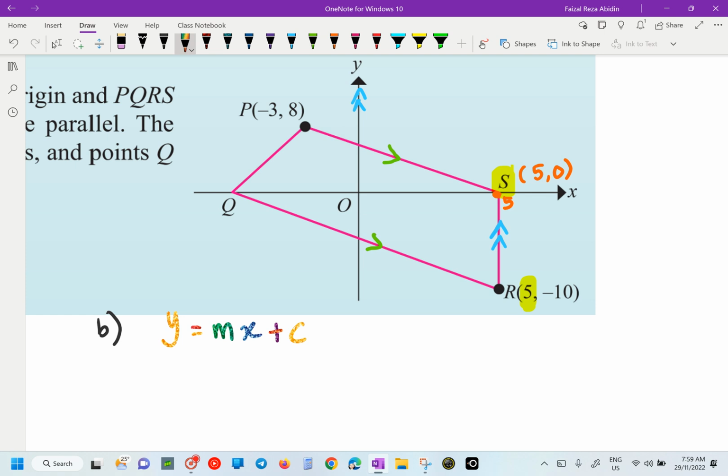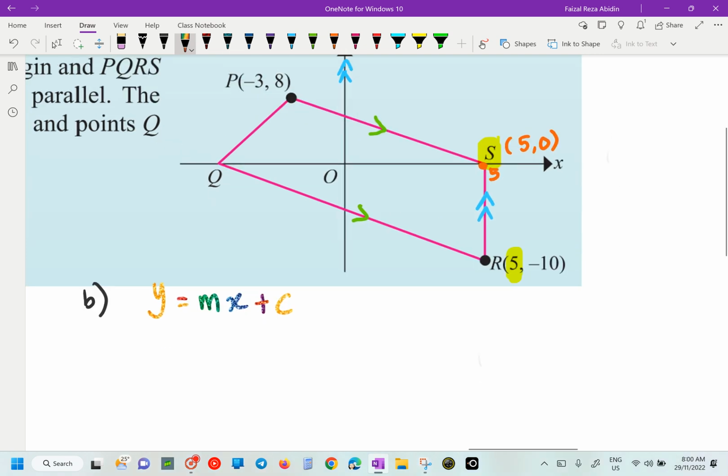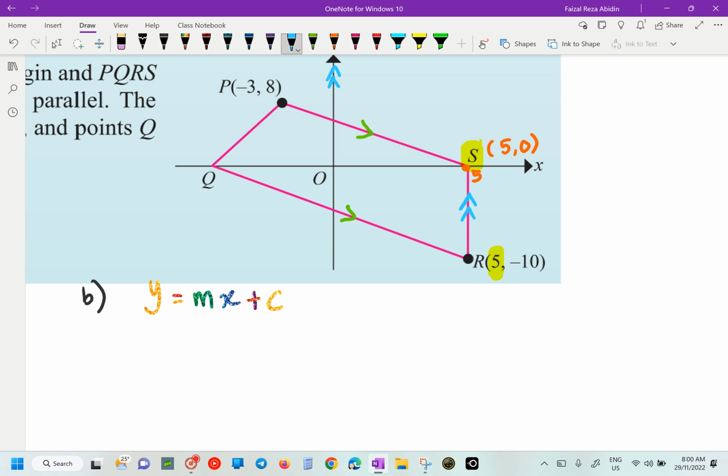We know that QR line and PS line are parallel. That means the gradient of QR is going to be equal to the gradient of PS. So we are going to find the gradient of PS.